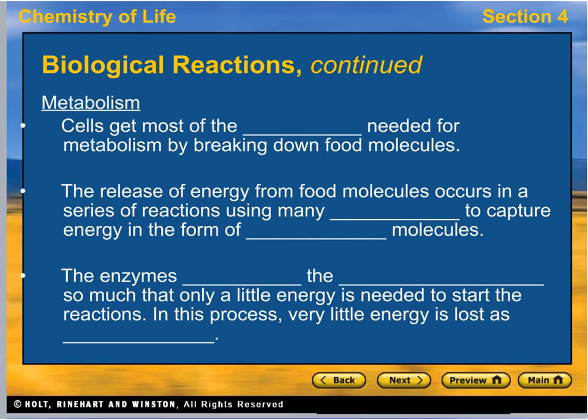The last thing that we're going to talk about today is called metabolism. Cells get most of the energy needed for metabolism by breaking down food molecules. I'm sure most of you have heard about this before, or at least heard that term. The release of the energy from the food molecules is going to occur in a series of reactions that uses many enzymes.